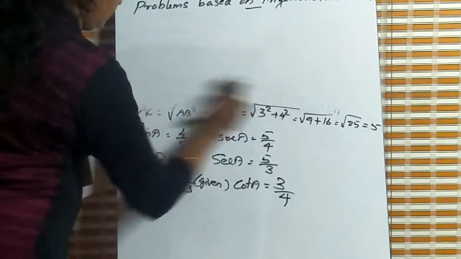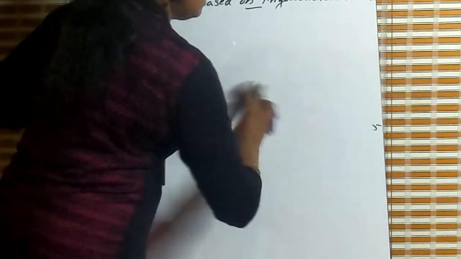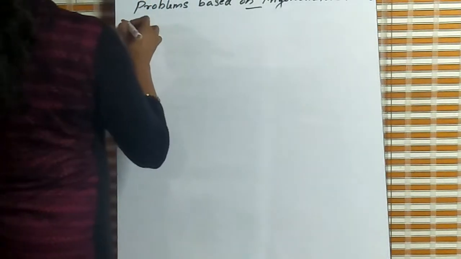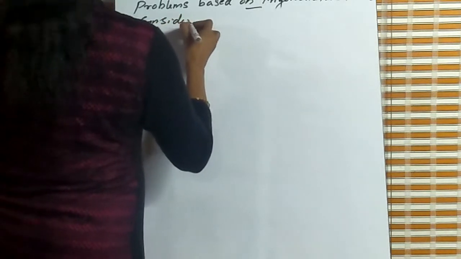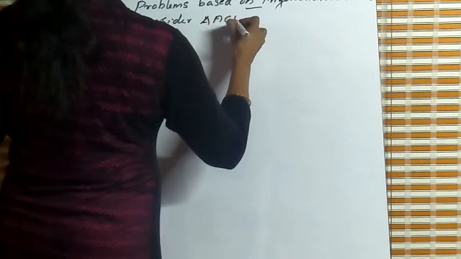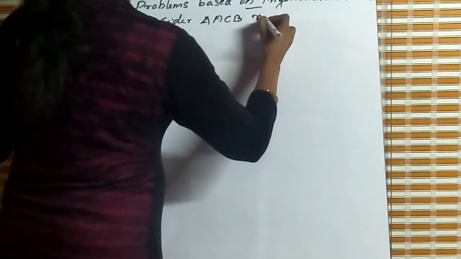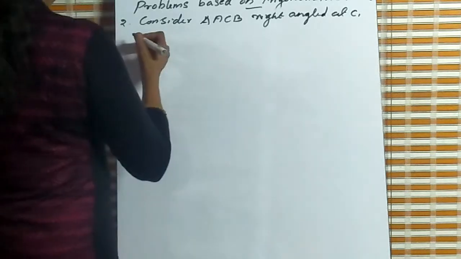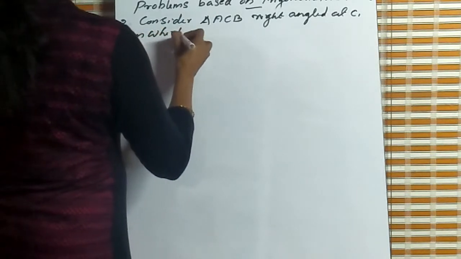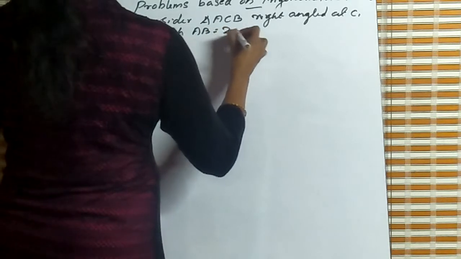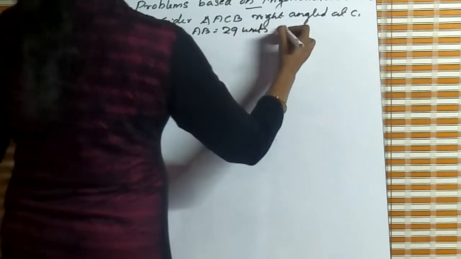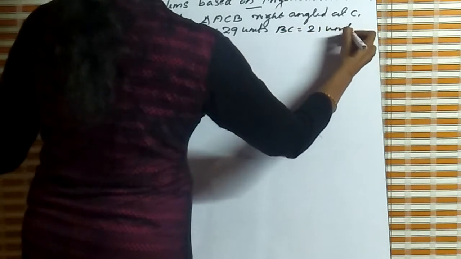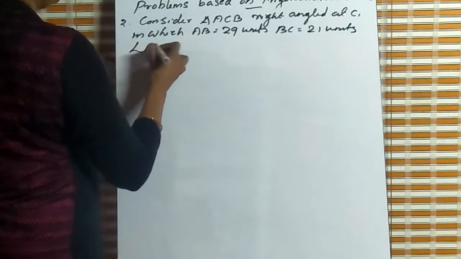Now question number 2. Consider triangle ACB, right angled at C, in which AB equals 29 units, BC equals 21 units, angle ABC is equal to theta.